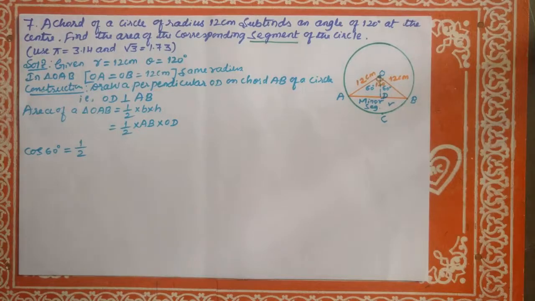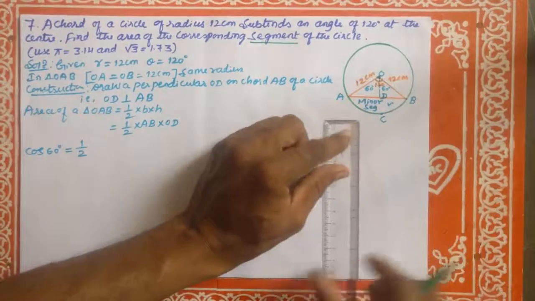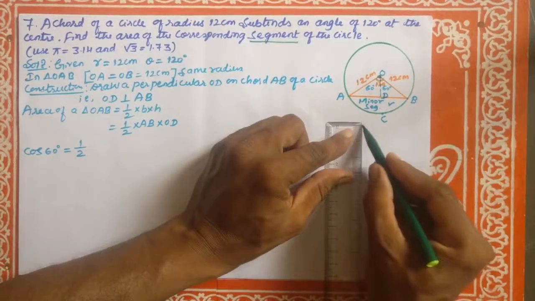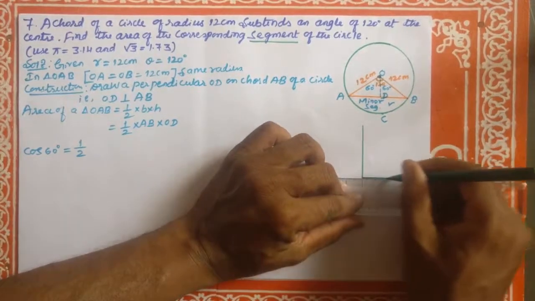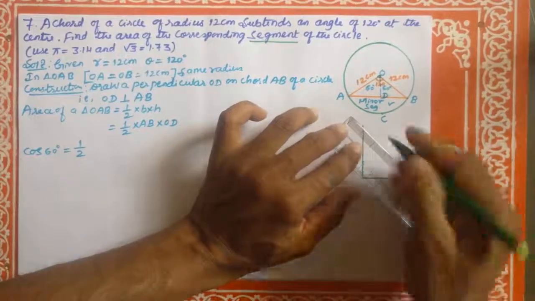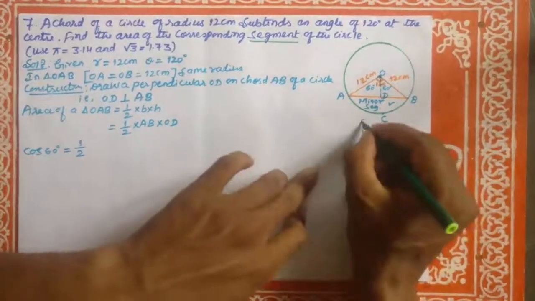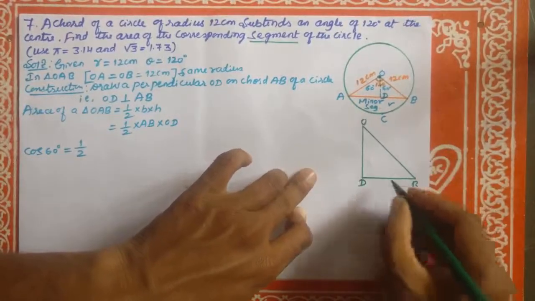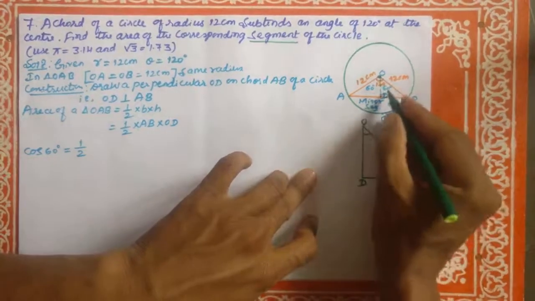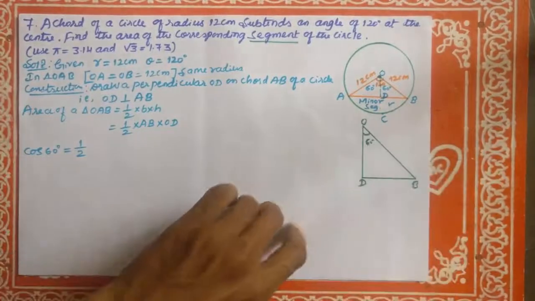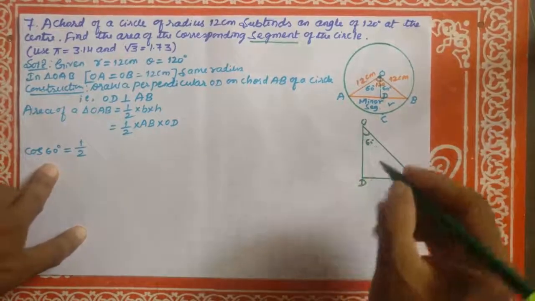I will also make a separate figure of triangle ODB, where theta is 60 degree.